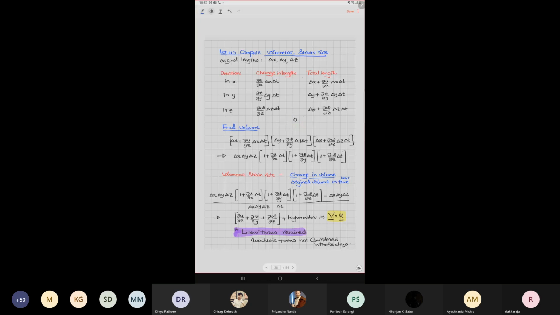For that purpose, what we are trying to track is, in each direction, how much change in length happened and what is the total length. Make a table. In the X direction, if the U component is creating the strain, then the change in length is del U by del X, delta X, multiplied by delta T in time delta T. So the total length is delta X plus del U by del X multiplied by delta X delta T.